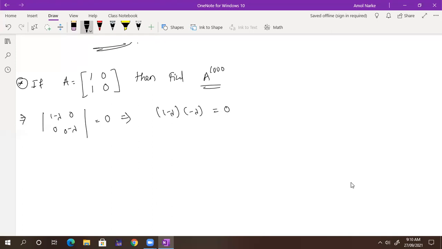If I multiply, I get minus lambda plus lambda square, which is equal to 0. So I'm getting lambda square minus lambda equal to 0. This is my characteristic polynomial.